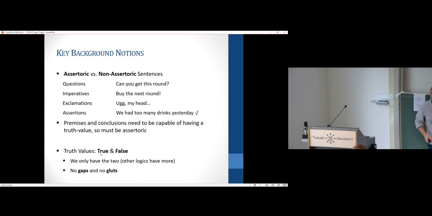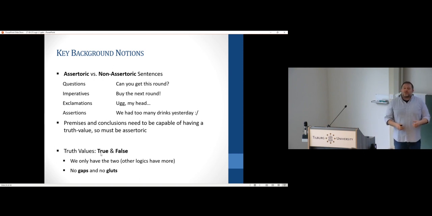The second assumption we're going to make is that there are no truth value gaps. What this means is that every assertion, every assertoric sentence, is either going to be true or false. So there's only on or off, and no gaps means every sentence that could be true or false has one of the 2. It's either on or off, either 1 or 0, either true or false.